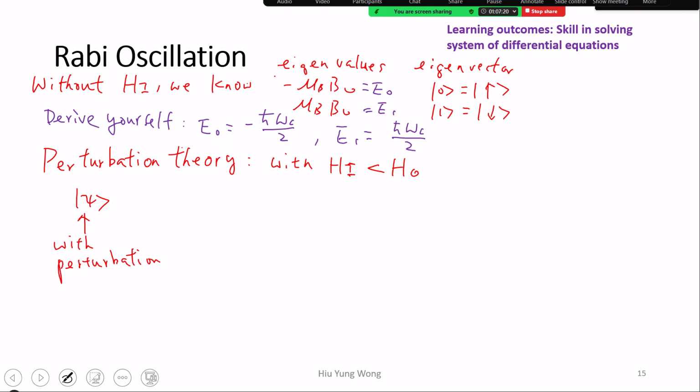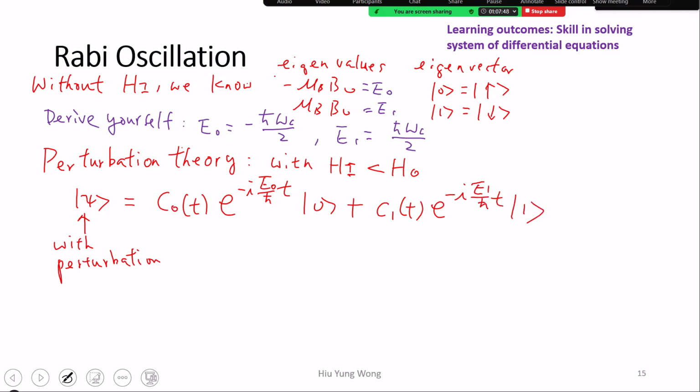And theory tells me that the solution is going to be equal to C0 of t e to the power negative i E0 divided by h bar times t, state 0, plus C1 of t e to the power negative i E1 divided by h bar t, state 1.